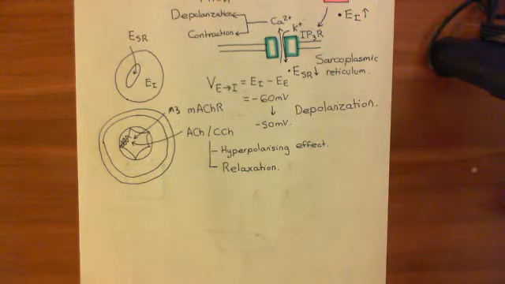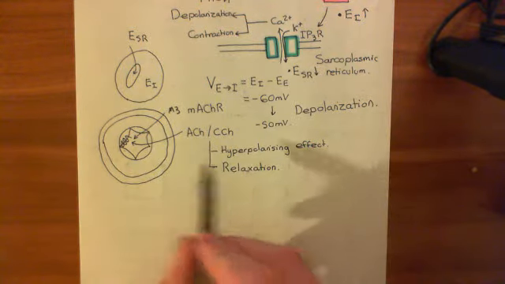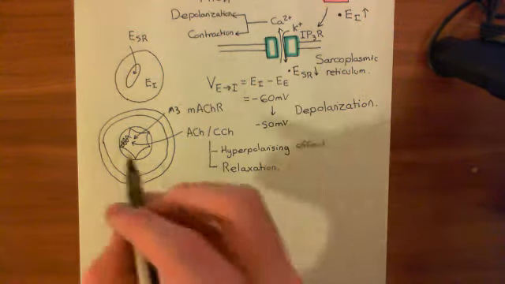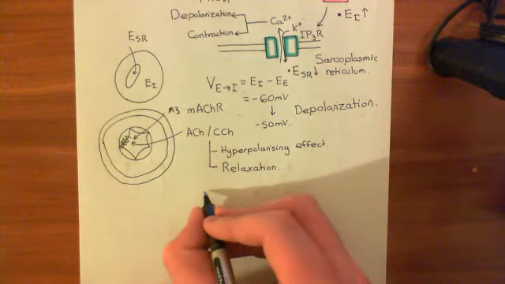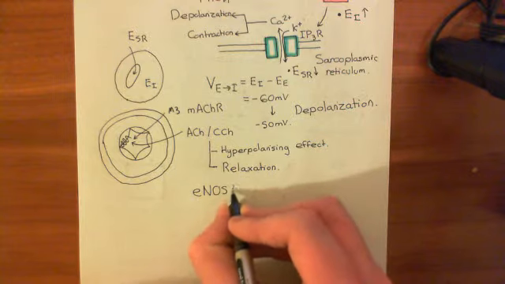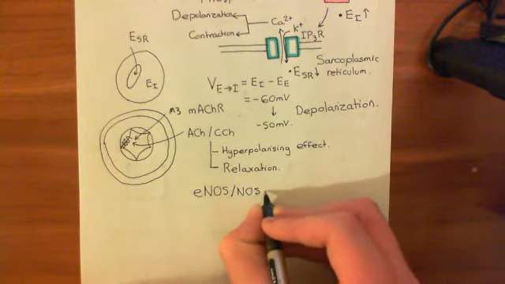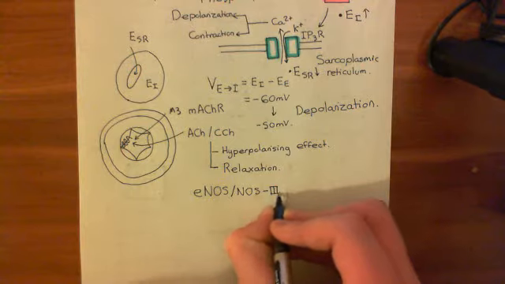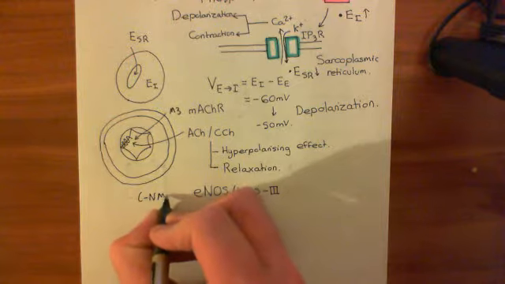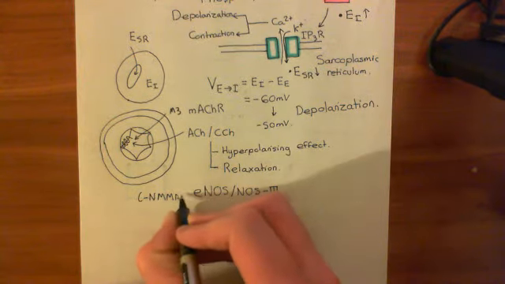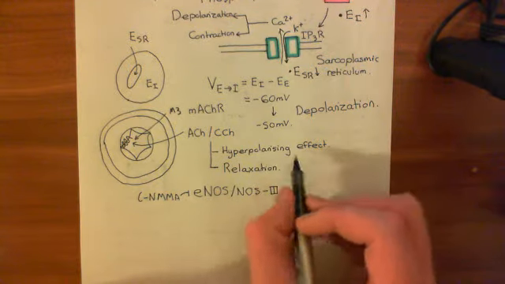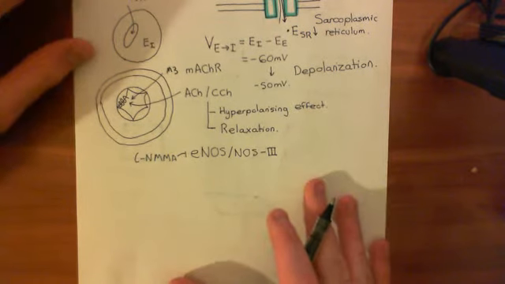What is new is that if you block the production of nitric oxide in these endothelial cells using an inhibitor of the enzyme which produces the nitric oxide, namely an inhibitor of eNOS, endothelial nitric oxide synthase, also known as nitric oxide synthase 3, such as NMMA, then basically what you see is an inhibition. You stop the relaxation and the hyperpolarizing effect of stimulating with acetylcholine.